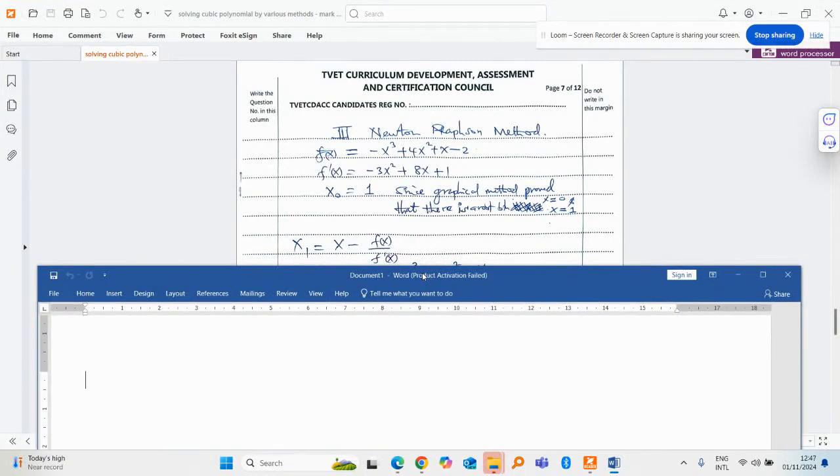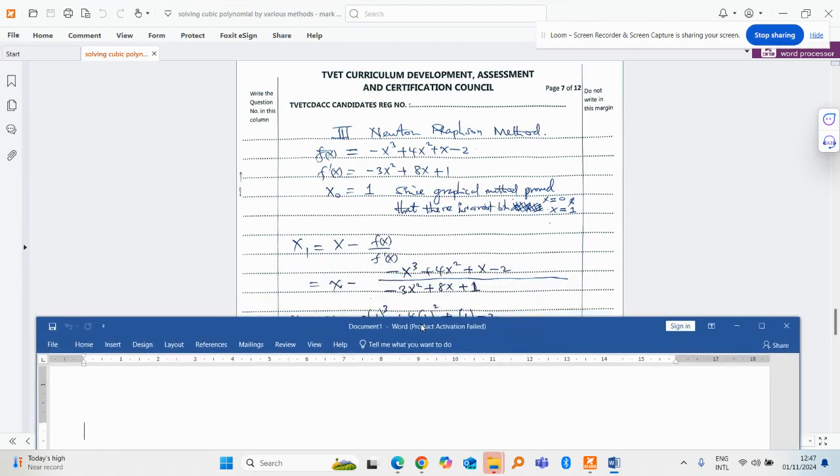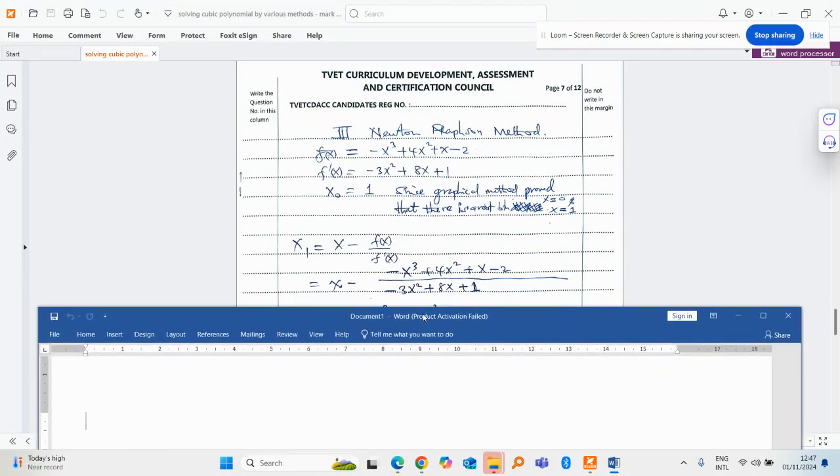That is, a better root is the previous root minus f of x divided by f prime of x. So we write x minus negative x cubed plus 4x squared plus x minus 2 divided by negative 3x squared plus 8x plus 1.